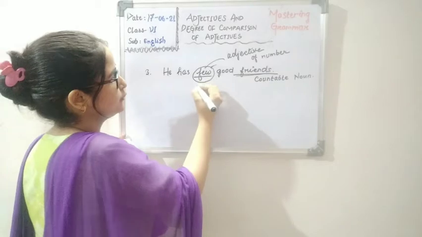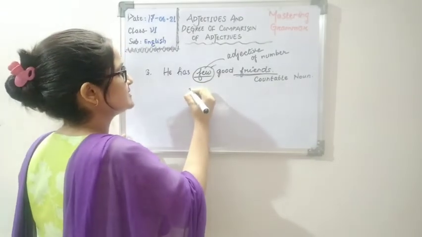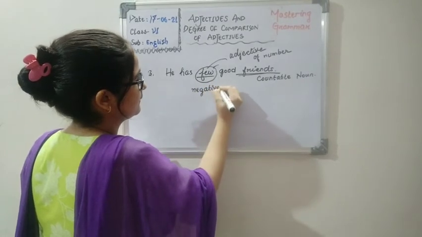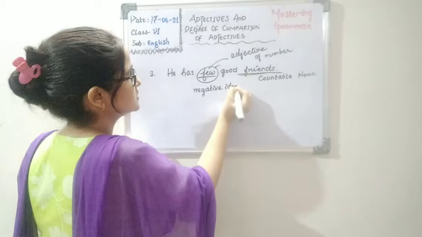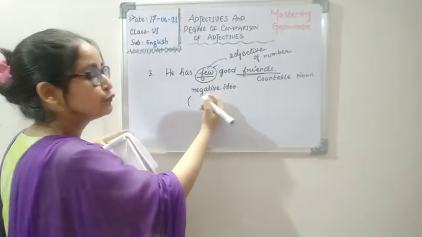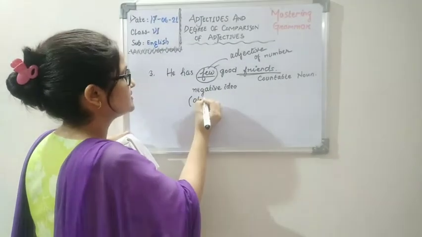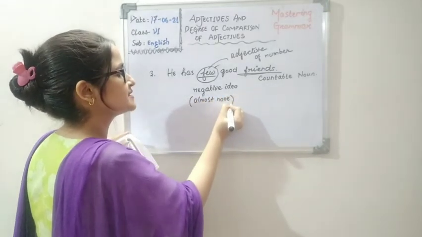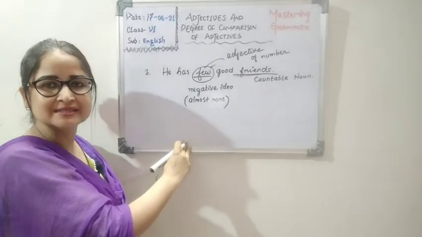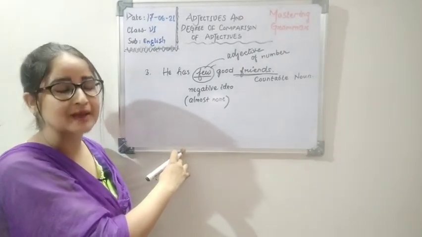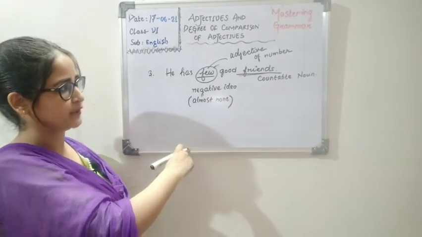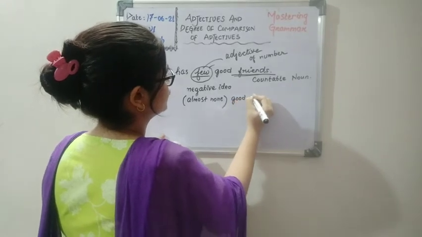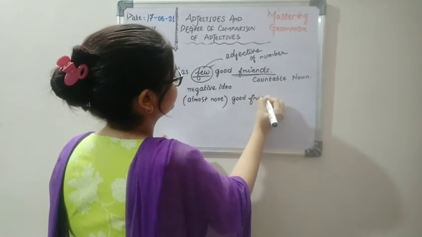So here few presents a negative idea. That means he has almost no friends. Almost none means very few good friends, he has friends but mostly none are good friends. So he doesn't have good friends.